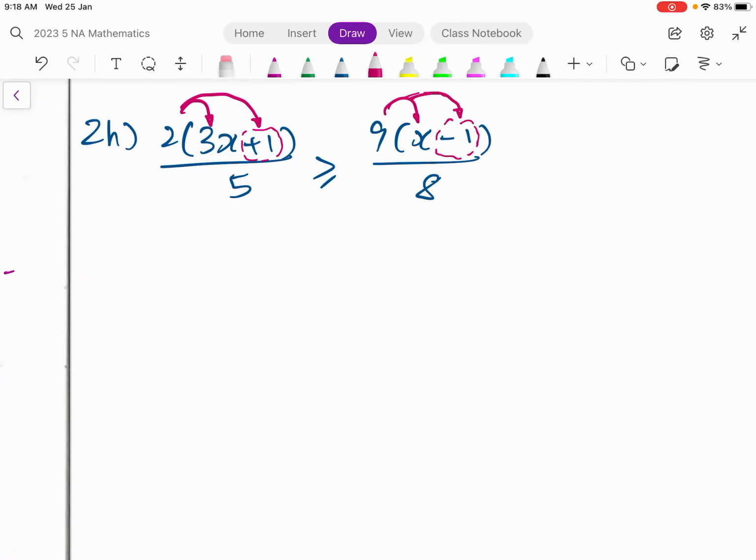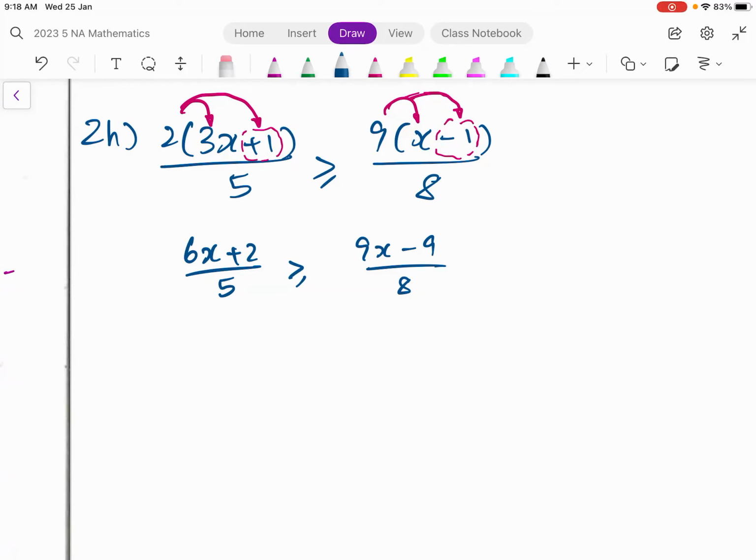Okay, all these drawings that you're going to do, please use pencil so that you don't confuse yourself. So back to my pen, 6x plus 2 over 5 greater than or equal to 9x minus 9 over 8. Got a fraction greater than or equal to another fraction.